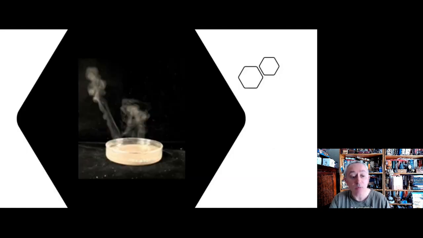Another concern in relation to water and damp environments is fungi. So on the slide we have a picture of a petri dish, and some special photography has been used to show the spores rising up from the petri dish. So many fungi release their spores like projections, and these are then carried in air streams.